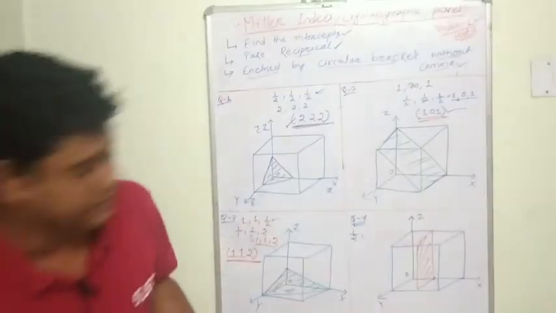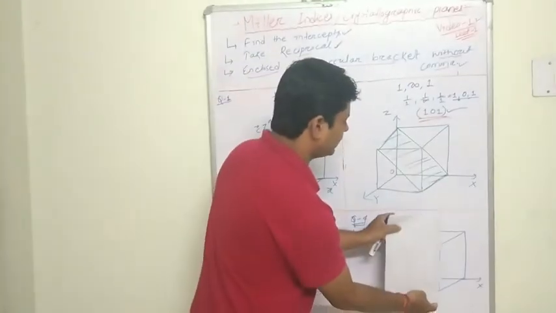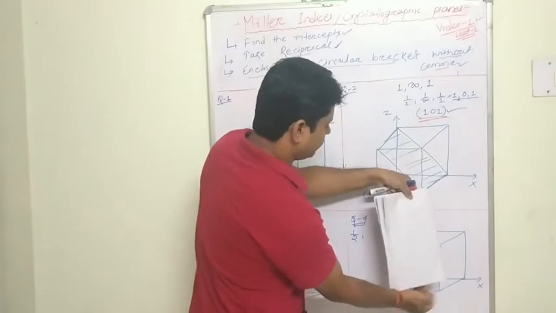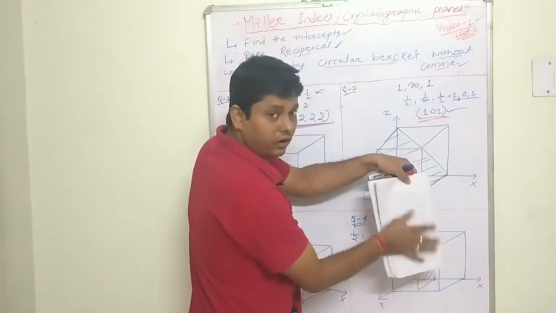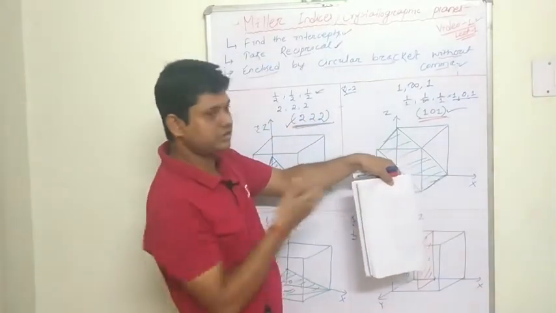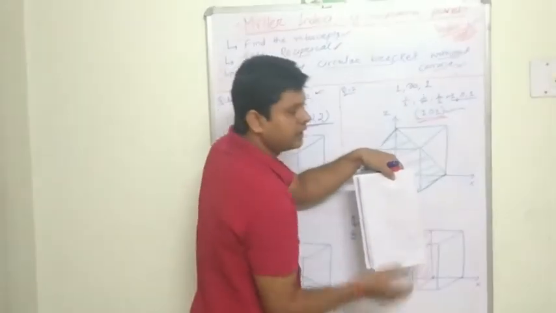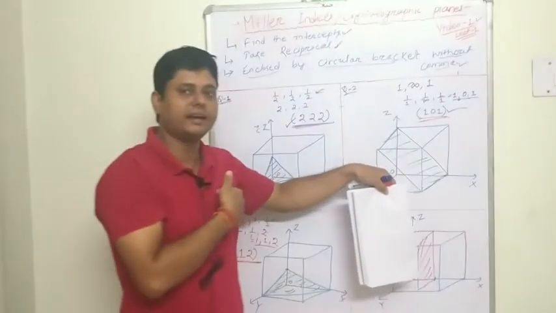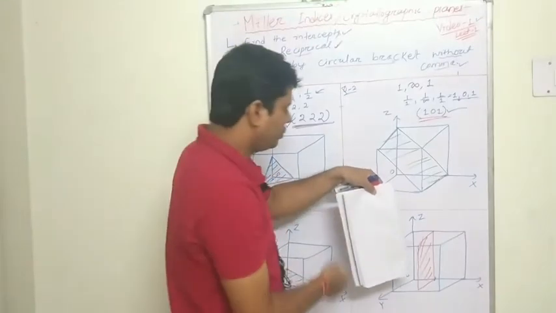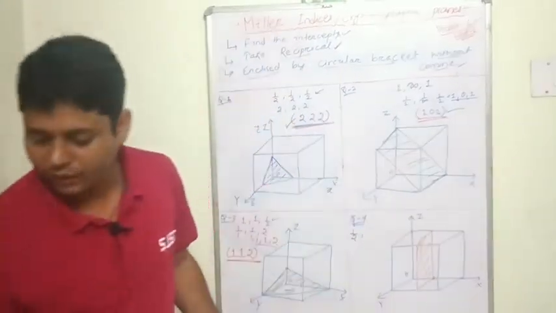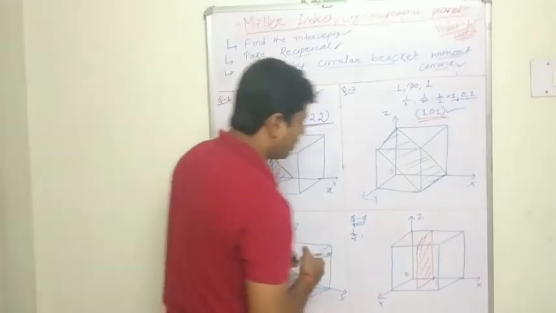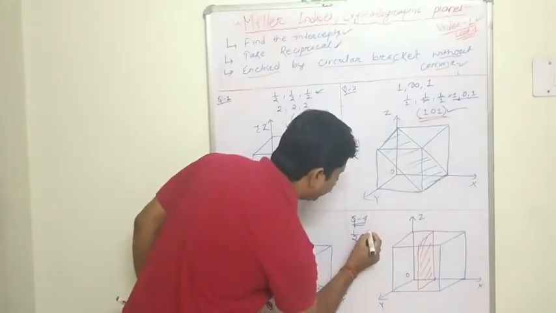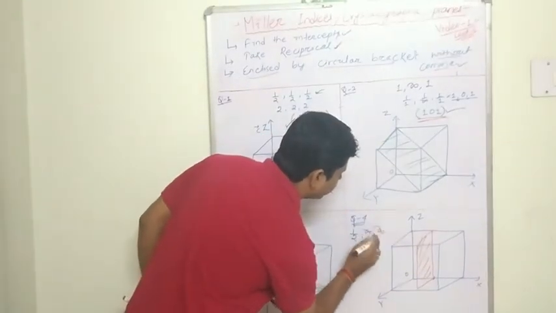If the plane is like this, with the z-axis this way and the y-axis this way, and if I elongate this plane in this direction, then this plane will cut the z-axis at infinity and the y-axis at infinity. So the y and z intercepts of this plane will be infinite and infinite.